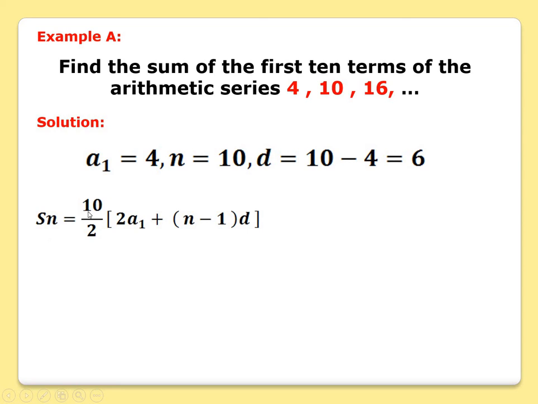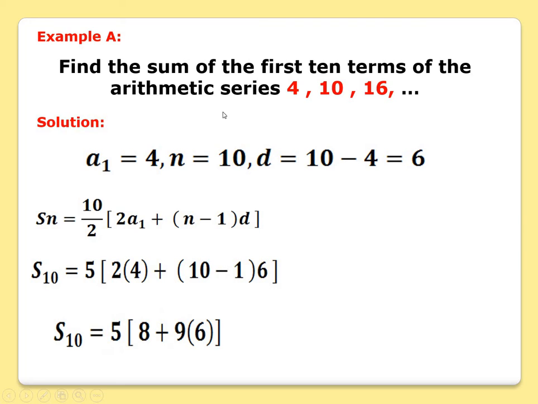S sub n is equal to 10 over 2 times the quantity 2 times a sub 1 plus the quantity n minus 1 times d. N here is 10, so simplifying, S sub 10 is 5 times the quantity 2 times 4, by substitution wherein a sub 1 is 4, plus the quantity 10 minus 1, and the common difference 6.